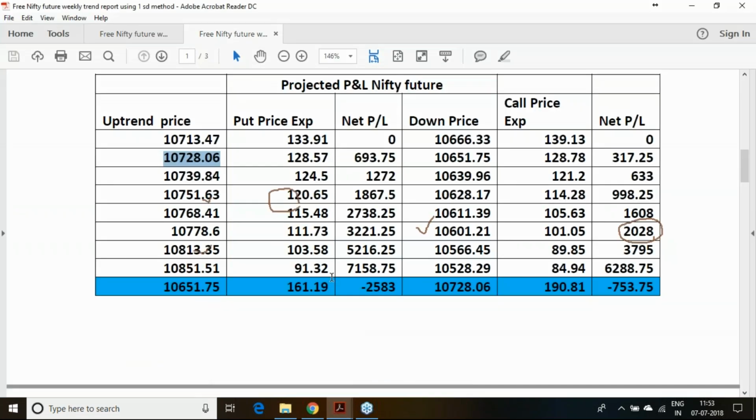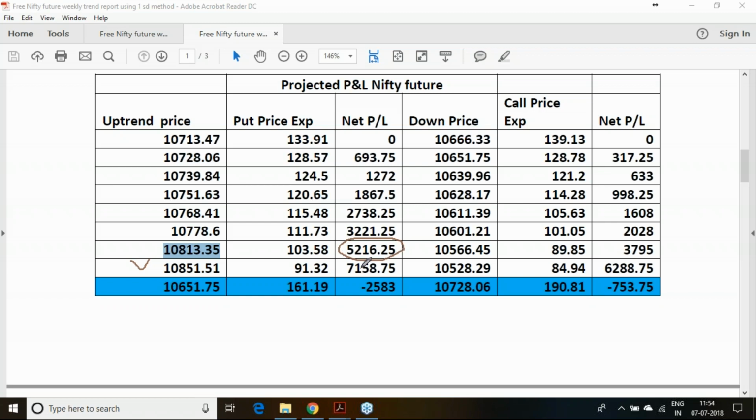My calculation was 813, the last but one target. The last target we estimated was 851, and 813 was the last but one target. There also the gain comes to 5,216 if you have hedged, along with the hedging.